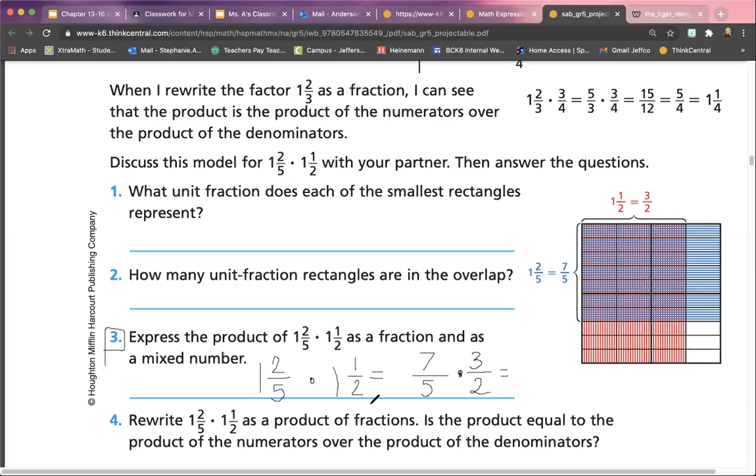Yeah, so you guys, remember our shortcut from a long time ago, changing these into improper fractions was multiply the bottom, add the top. So 5 times 1, or 5/5 is what you end up with, right? So you multiply the bottom, and then you add the top. If you guys need to write this in your notebook to remind yourself, that's a really good idea.